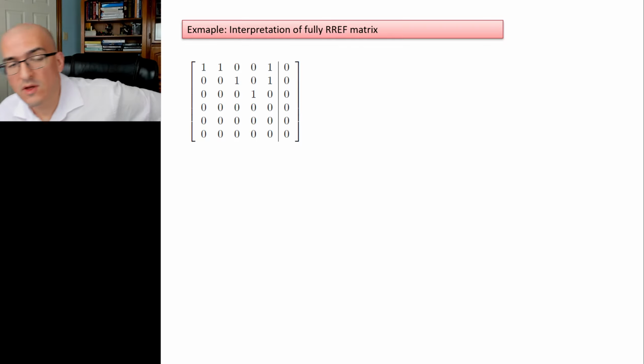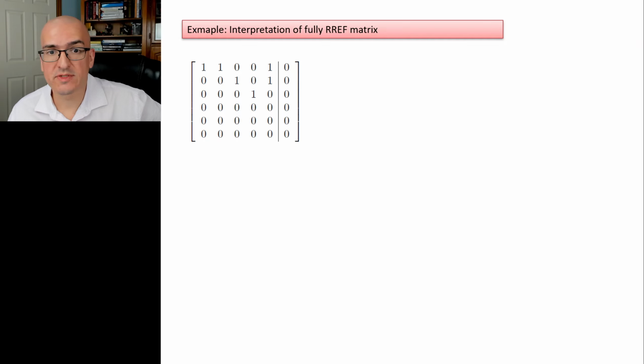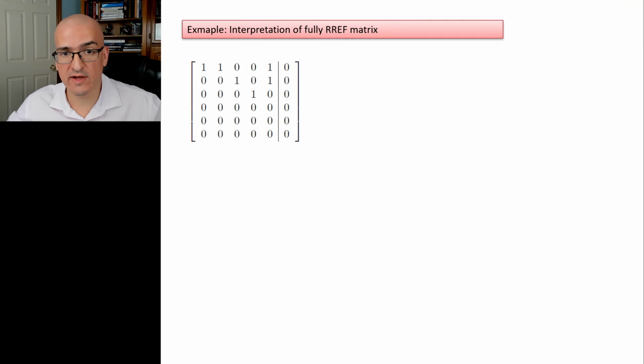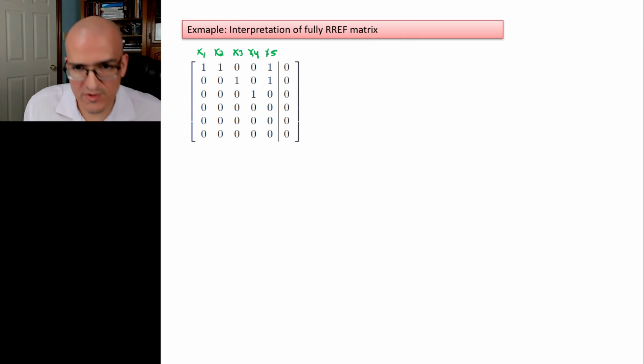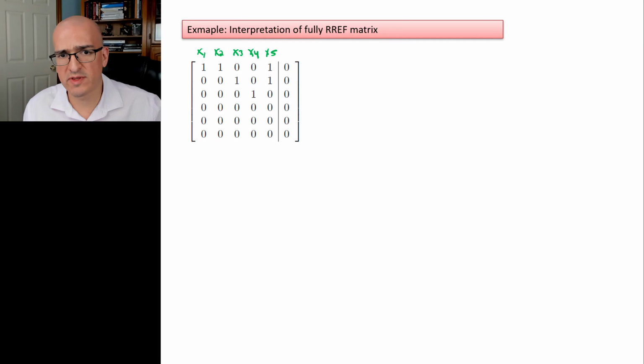So we have to pick some labels for the variables. I'm not going to be very creative. I'm going to call them x1 to x5, since there are 5 columns, so we're going to have 5 variables. So the x1, the x2, the x3, the x4, and the x5. If you have 3, you can use x, y, and z, but more than that, you should start using subscripts.